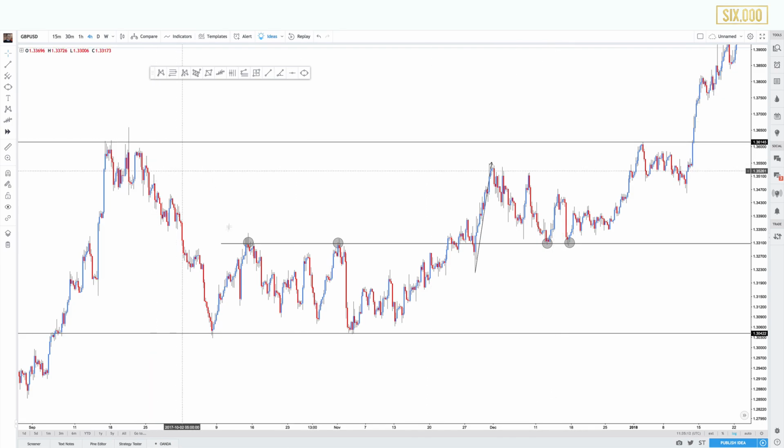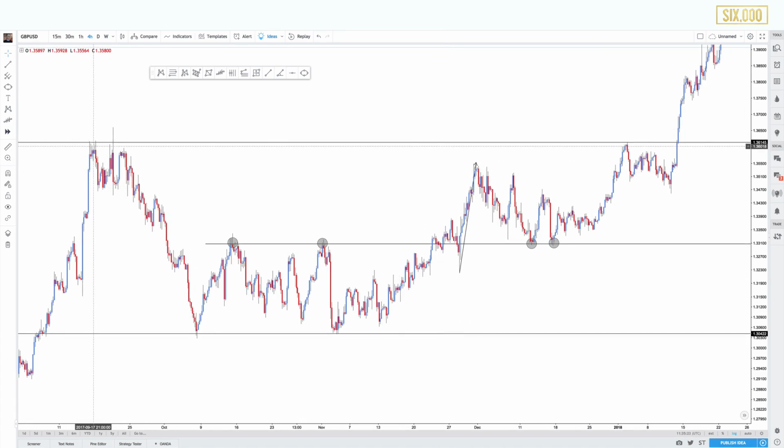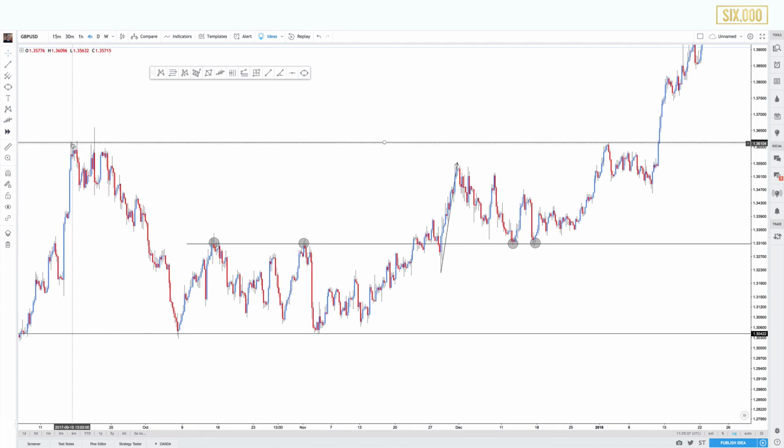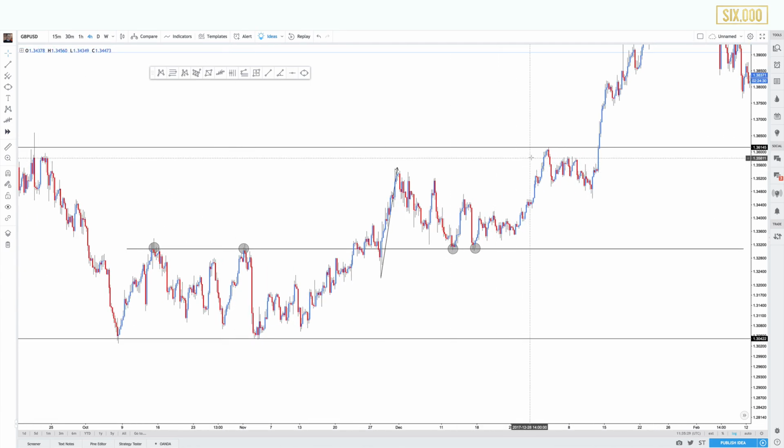So again, we can see there are minor structures within this larger zone. So we've still got support at the bottom here and resistance at the top. And again, we've got 2 areas of contact, multiple tests of this top resistance level here. We've got another point of contact, a third area of contact with just one test. Price pulled back.